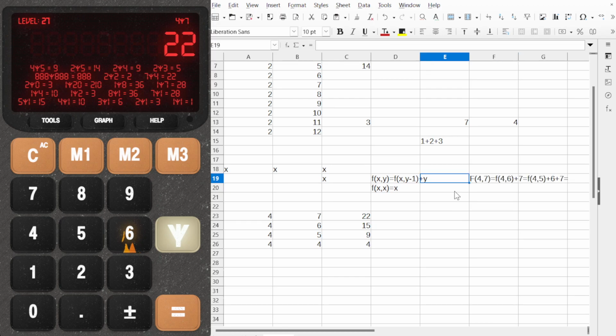And this equals, let's go down one more, f of 4 plus 5 plus 6 plus 7. And this would equal 4 plus 5 plus 6 plus 7.